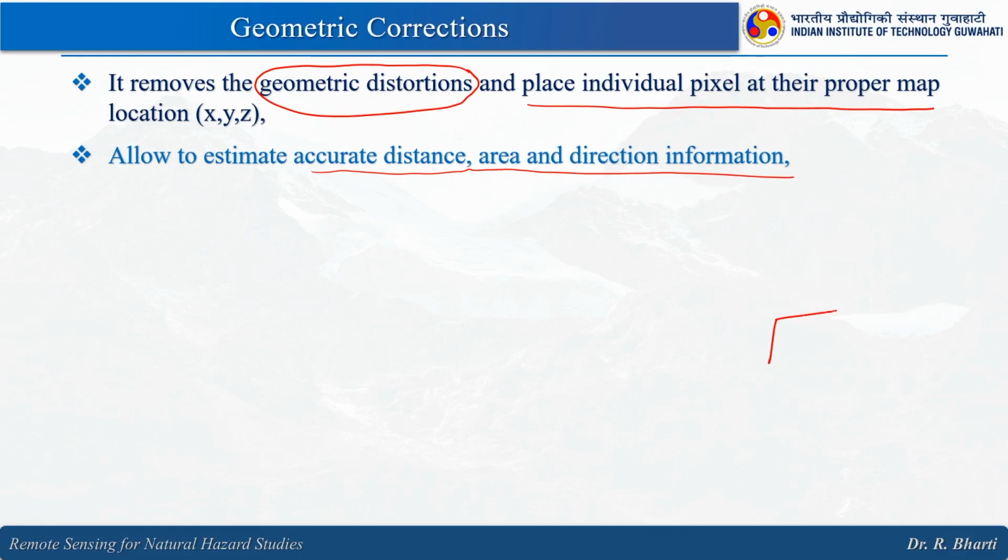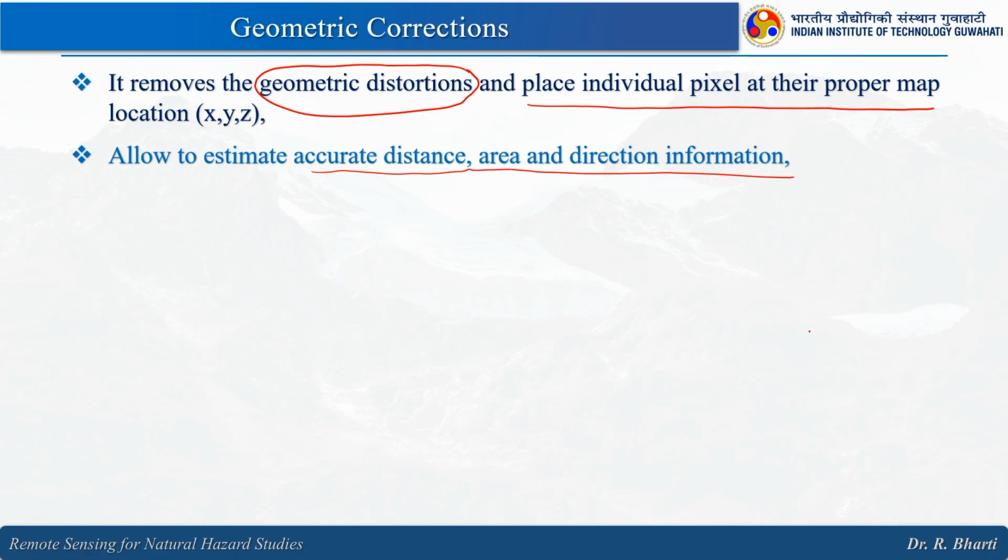So if we say that this is 30 by 30 meter, right, this is actually representing the 30 by 30 meter and the features captured in this particular pixel is actually matching with the feature present on the ground. So if you overlay these images together, they will match with each other. So that is very important.